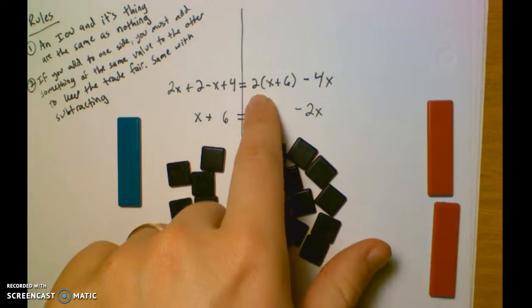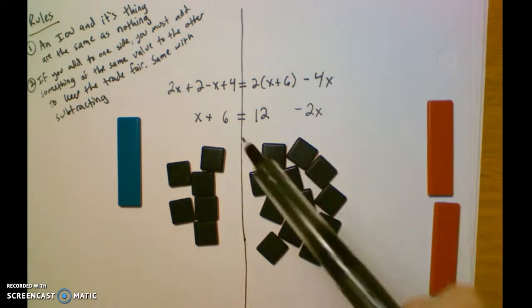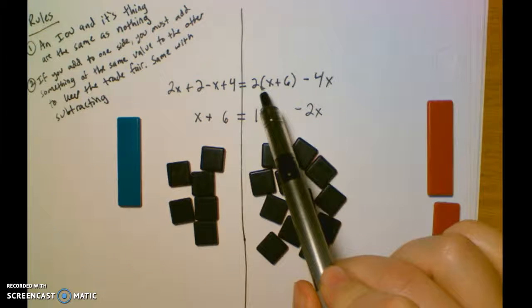And one thing I can do, if I'm going to really formally be really good about my notation here, like if I'm trying to prove to my little brother how much a widget's worth, and I just have this and I have this, he's going to be like, no. How did you get from here to here? I don't see it. So what I see right here is I said I had 2 x's and I had 12 ones, and then I had -4 x's there.